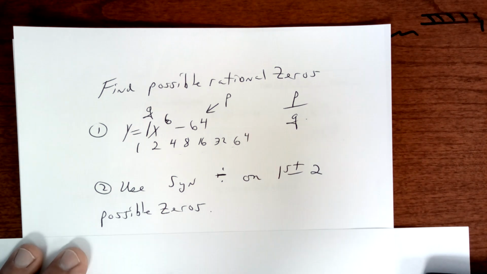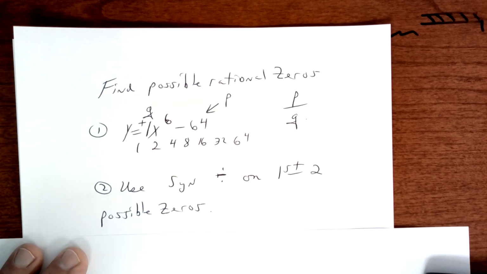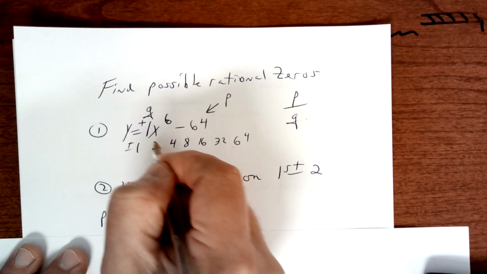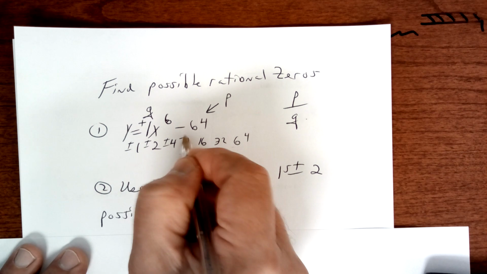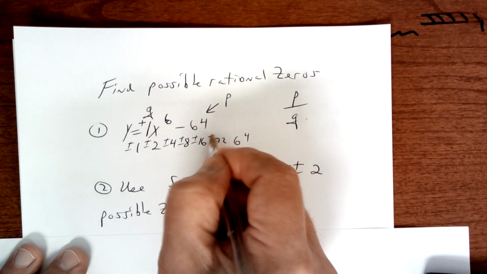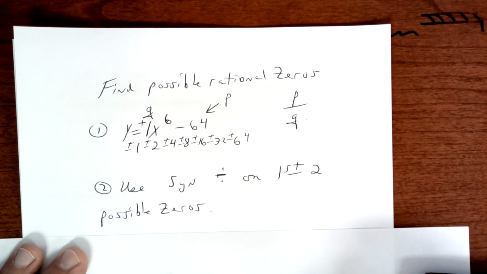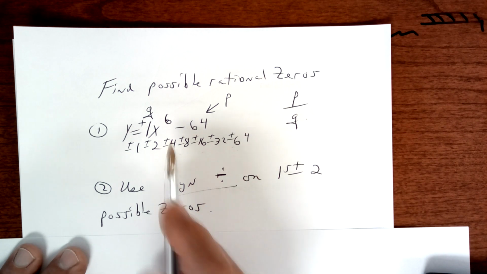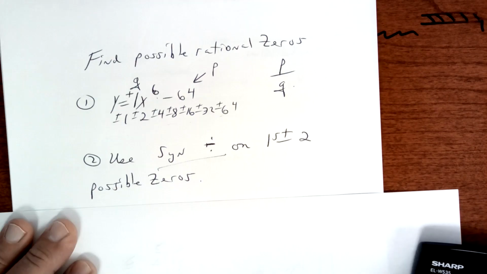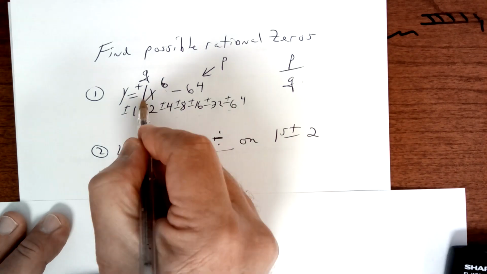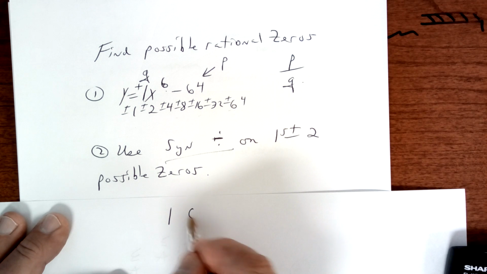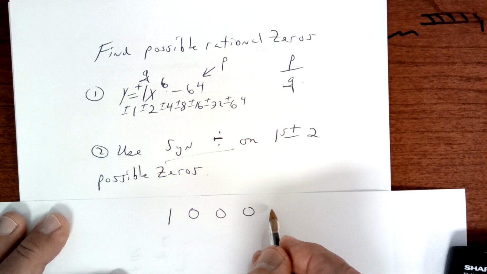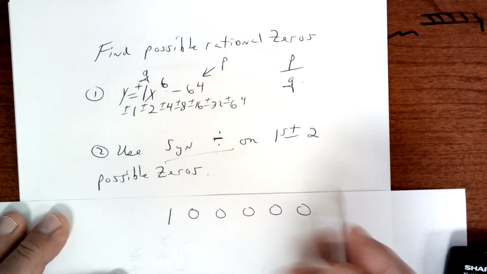Now, this is a positive, okay? So we want it to be a negative. So I think we got to do plus or minus on all of these, because one could be a plus, one could be a minus. Anyway, it says do synthetic division on the first two. This is the 6th degree. So you got to go 1, and then you're going to have 5, 4, 3, 2, 1, and then 0 would be negative 64.